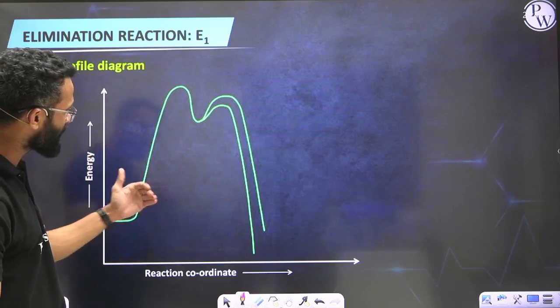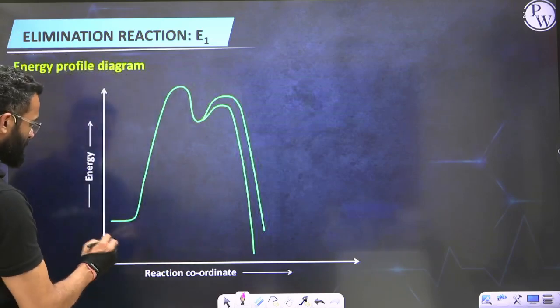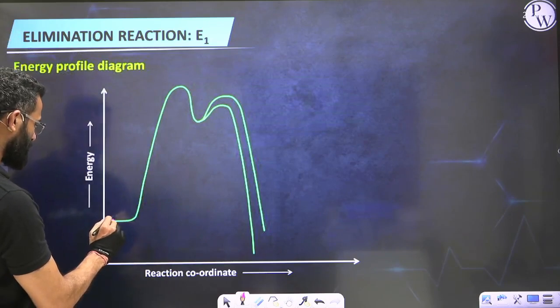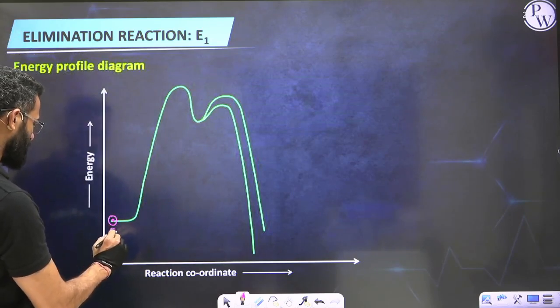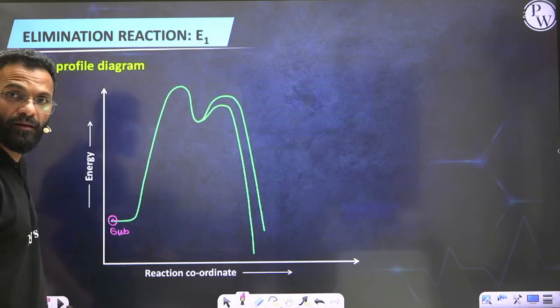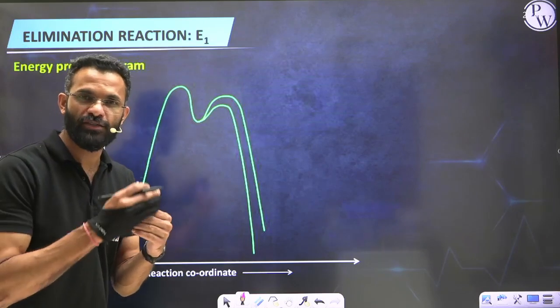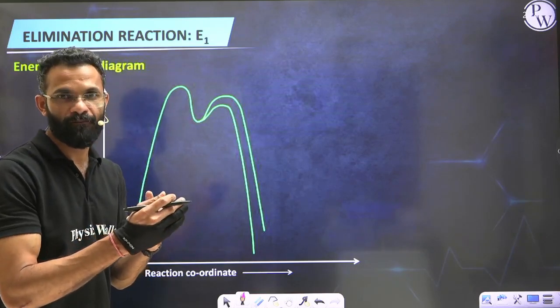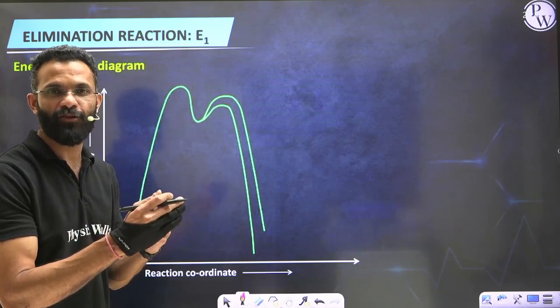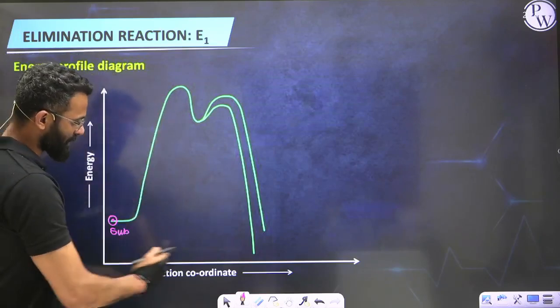Keeping these facts in mind, let's say now I have to draw the energy profile diagram. So in our reaction mechanism, we started with substrate. We saw in a given substrate, step number 1 was slow dissociation of a carbon halogen bond. So the partial bonding results in the formation of a transition state. So you'll see the energy will increase as the reaction progresses.